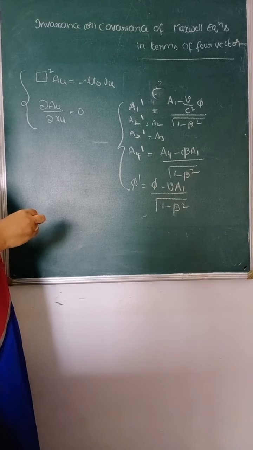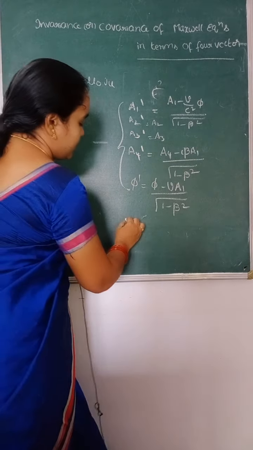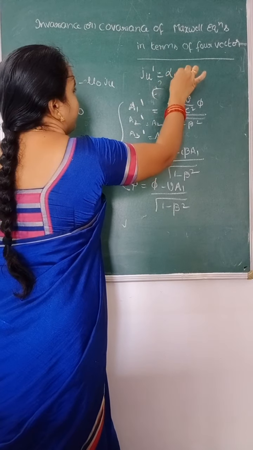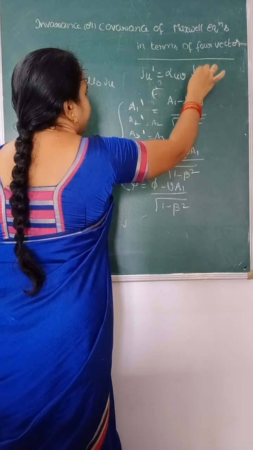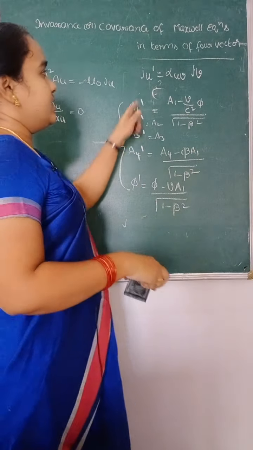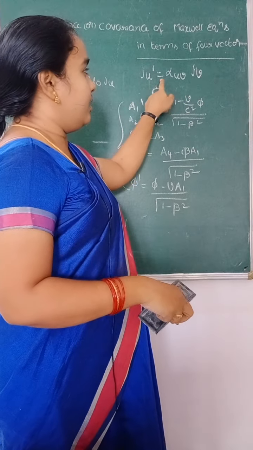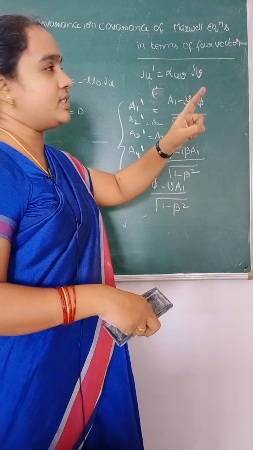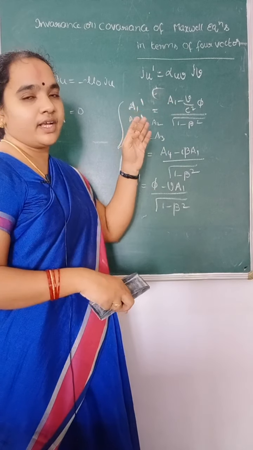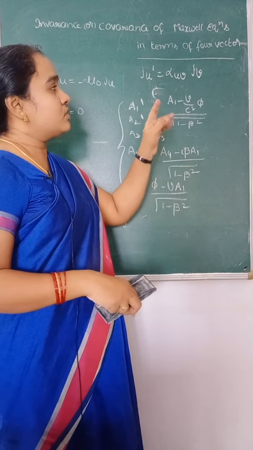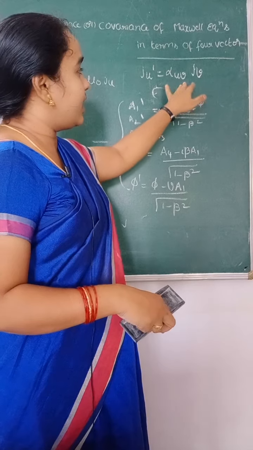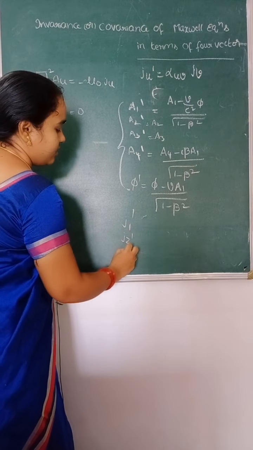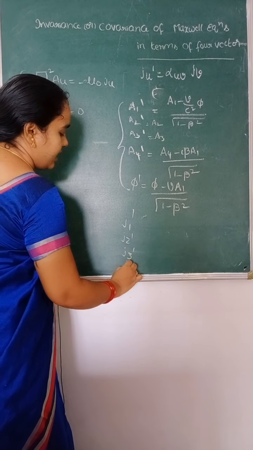Similarly, J_mu dash can be calculated as alpha_mu nu into J_nu. As you know, alpha_mu nu is the matrix with gamma, 0, 0, i beta gamma in the first row, then 0 1 0 0, then 0 0 1 0, then minus i beta gamma 0 0 gamma. Calculate it, it is your work, and find out the values of J1 dash, J2 dash, J3 dash and J4 dash.